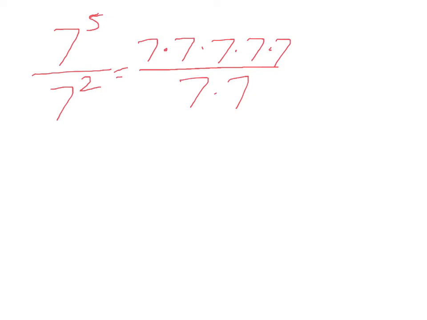This is literally prime factored out. So now all I have to do is cancel out common factors. A 7 and a 7. Well, everything disappears in the denominator, so what's left is just 7 to the 3rd power, technically over 1, but we don't care about that. So we leave it as 7 to the 3rd power.